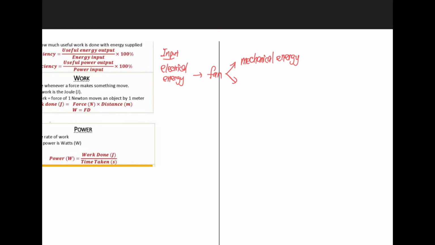So mechanical energy is something which is useful, whereas the thermal energy, the motor will become hot after you turn on the fan. So the motor becomes hot. It's something which is useless. We don't want this.